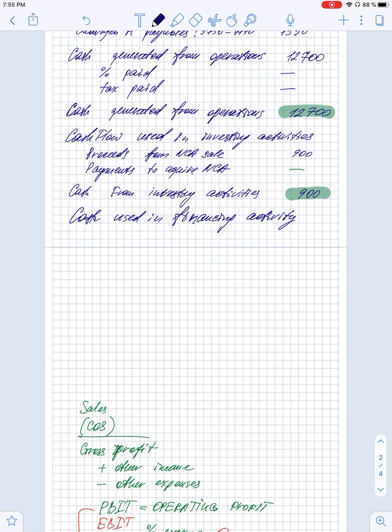Under financing activity, we have to consider all cash introduced into the capital, any investment by the owner, any share issue, any share premium, and we have to consider long-term borrowing as well.